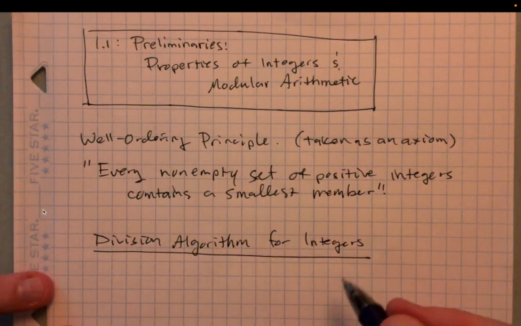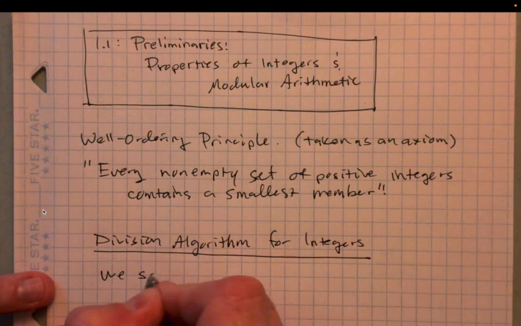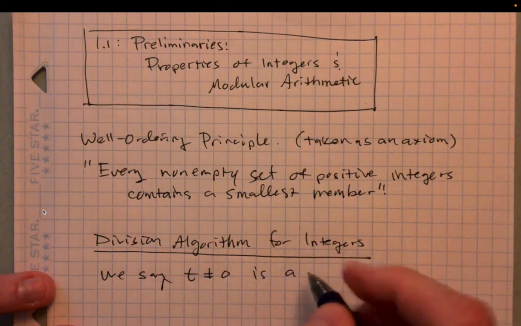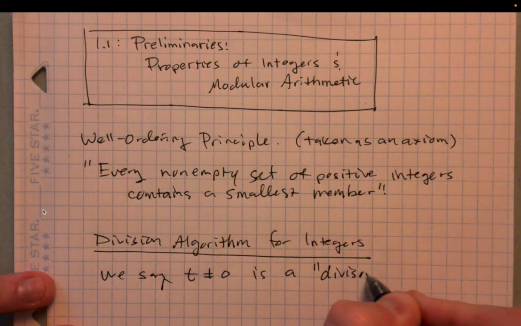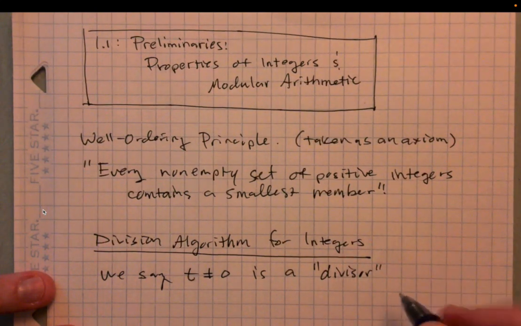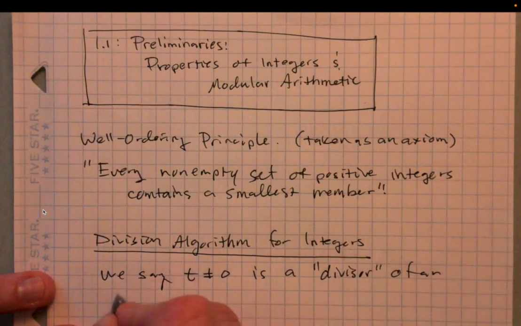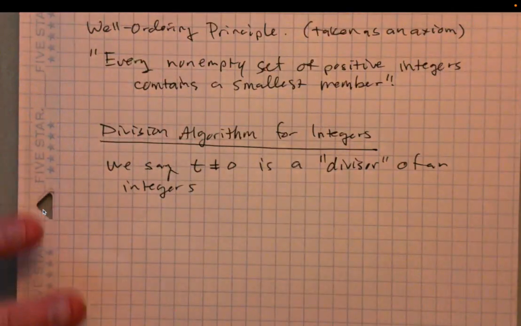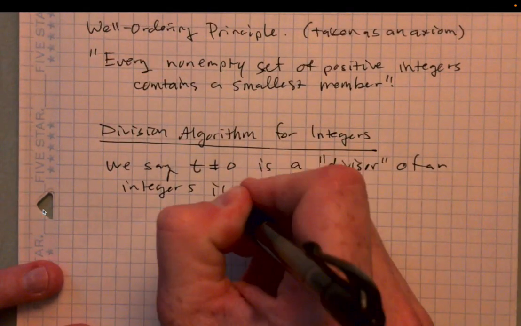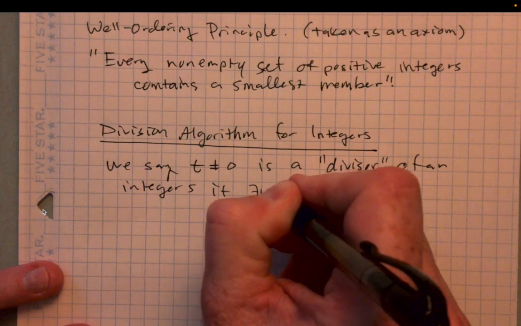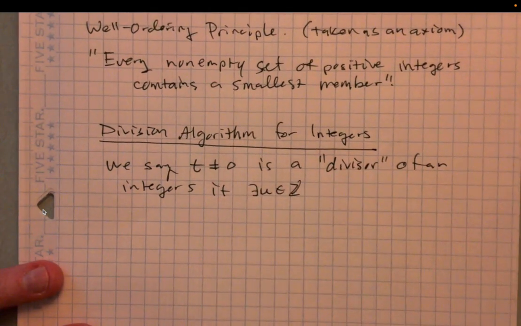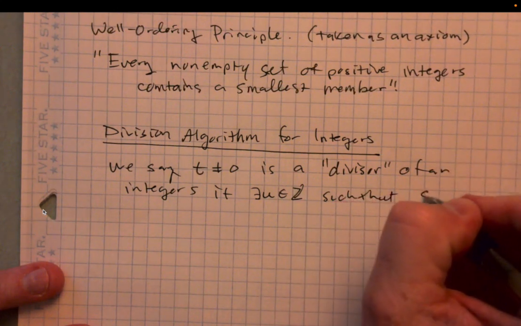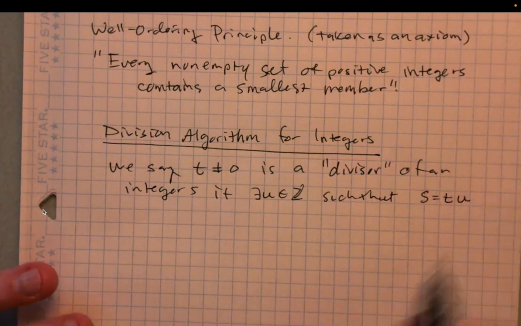We say that t not equal to 0 is a divisor of an integer s if there exists some other integer u in Z such that s is equal to t times u.